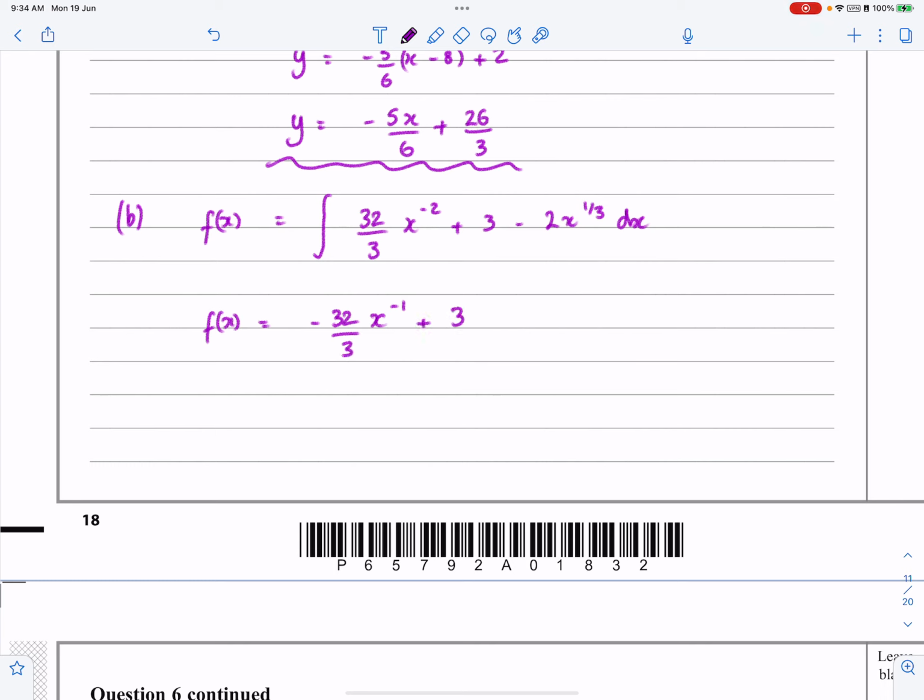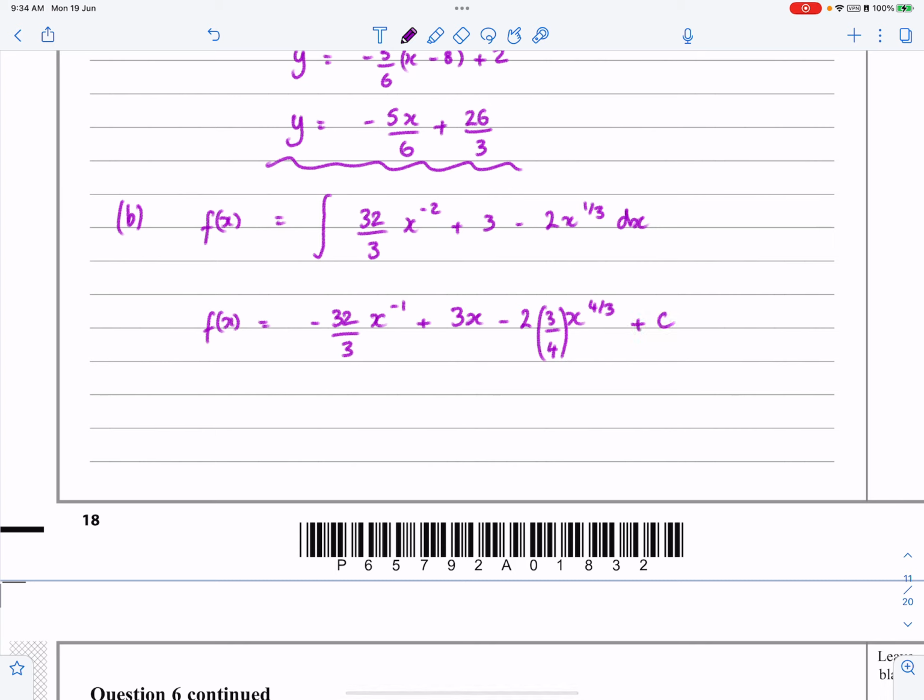For the 3, we just know the integral of that is 3x. And then the same again: add 1 onto the power, which makes 4 over 3, and then divide by the new power. Those of you that see me do these videos, you can do 2 divided by 4 over 3, or just as easily, you can do 2 multiplied by 3 over 4. Dividing by 4 over 3 is the same as multiplying by its flip upside down.